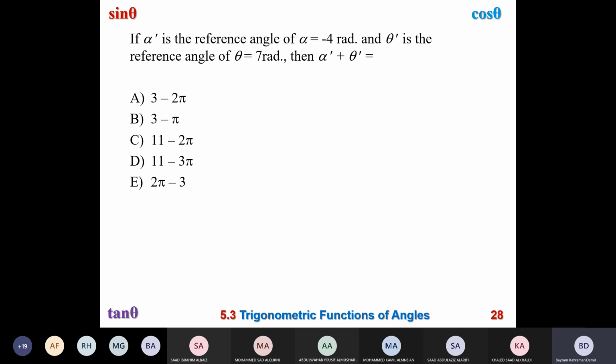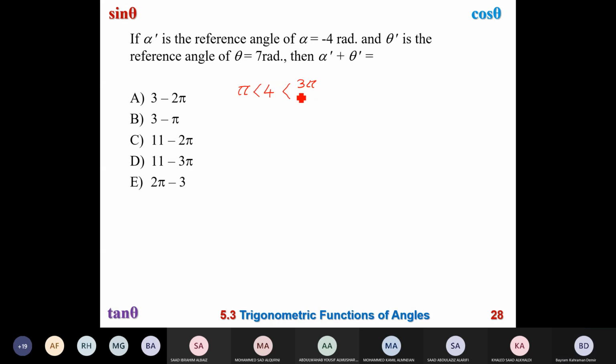Let's look at the -4 first of all. Of course, the 4 radian, if you look at the positive one, 4 radian is greater than pi, of course, right? It is 3.14 approximately. And also it is less than 3 pi over 2.